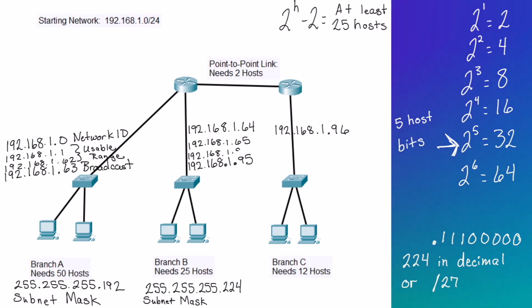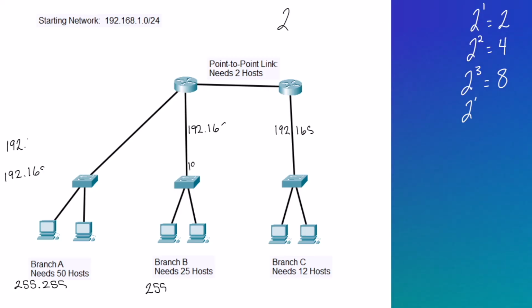This gives us our usable host addresses of 192.168.1.65 for our first usable, and our last usable is 192.168.1.94. Branch B is done.